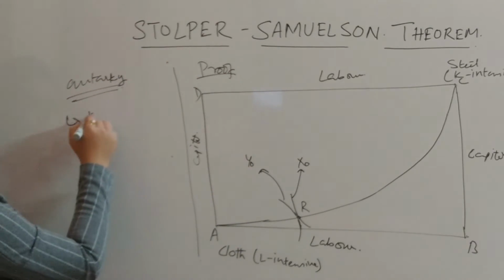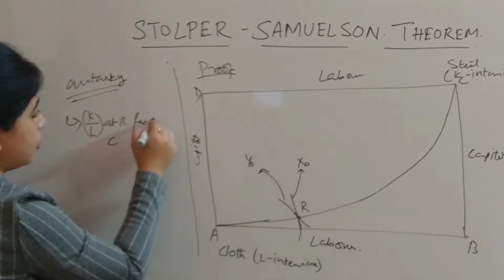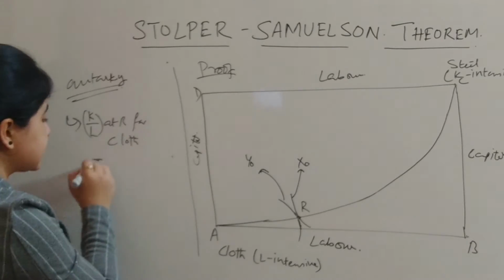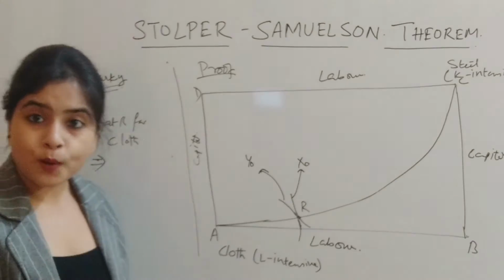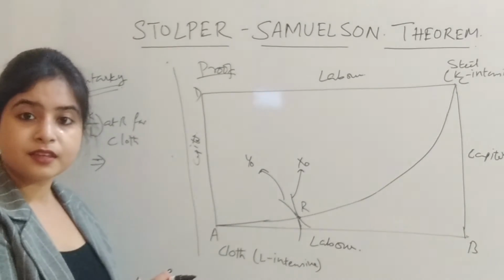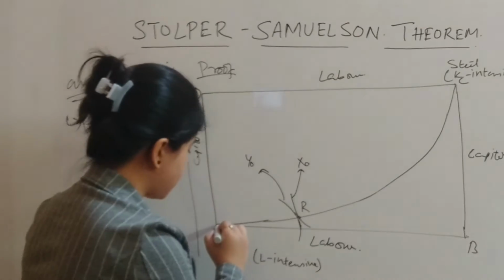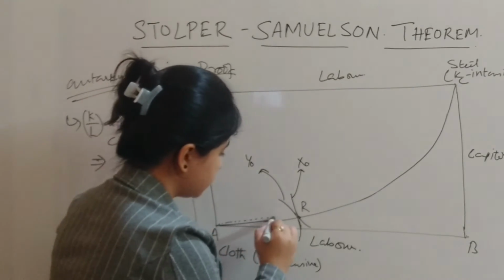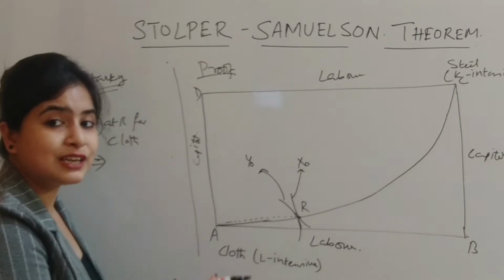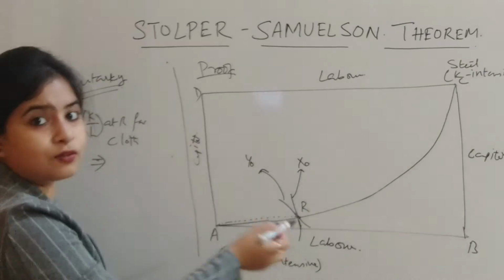Okay. So the capital labor ratio at R for cloth is given by the slope of the ray AR, that is from A to R. If we draw a ray like this, the slope of this ray will give me the capital labor ratio at point R for cloth.